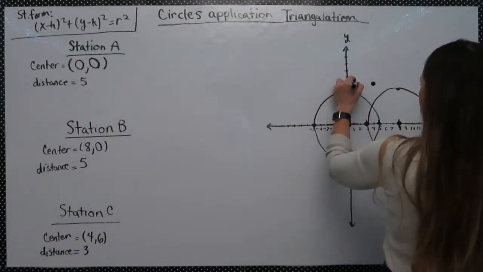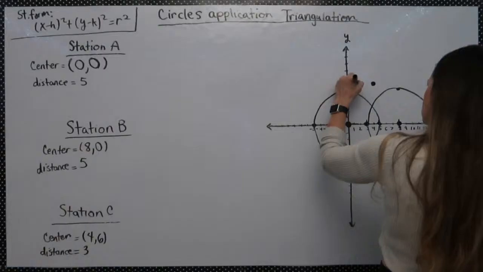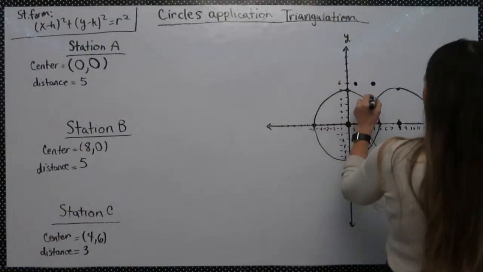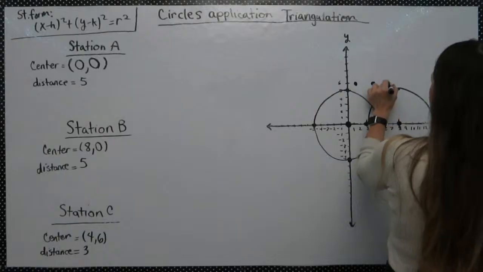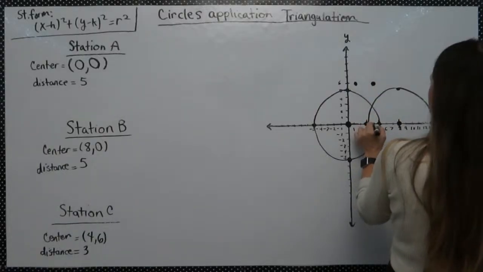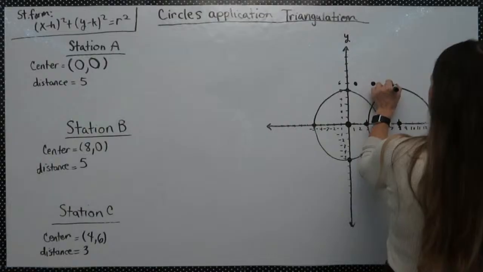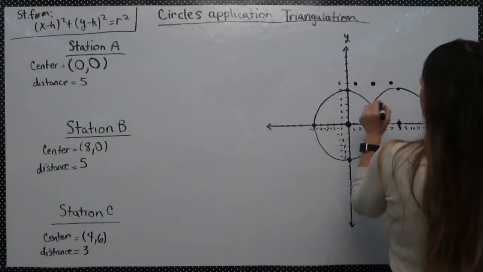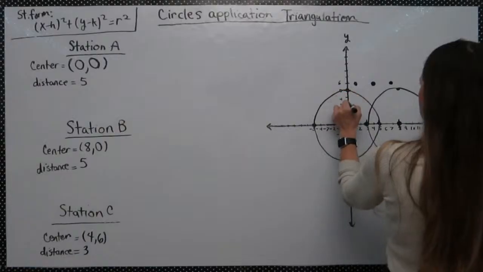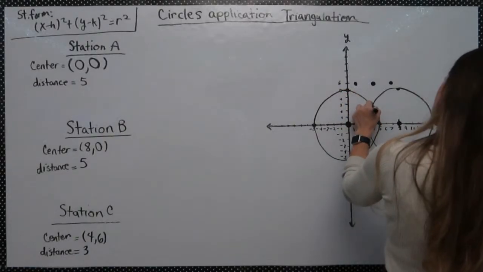It's going to put me at 1, 6. And then 1, 2, 3, that's going to put me at 7, 6. And then going down 3, 1, 2, 3, that's at 4, 3 right here.